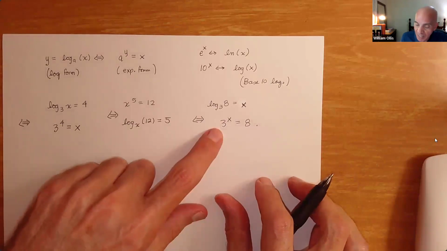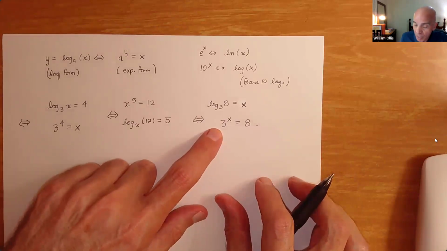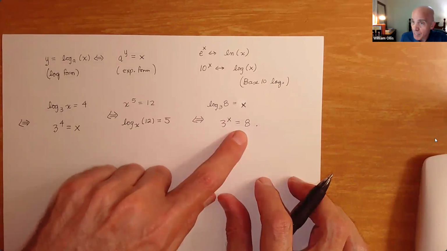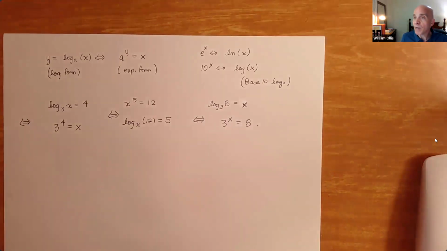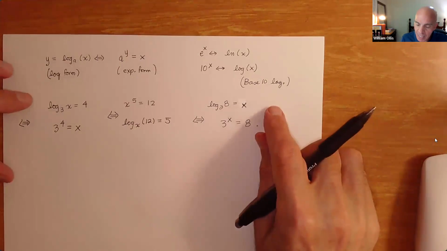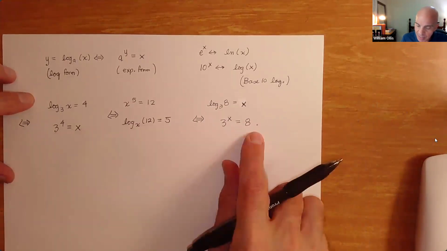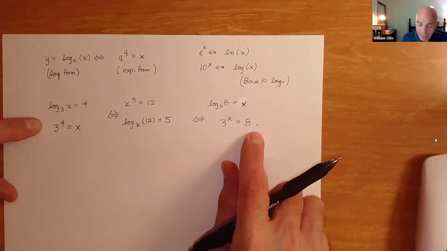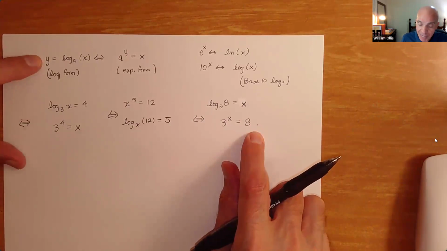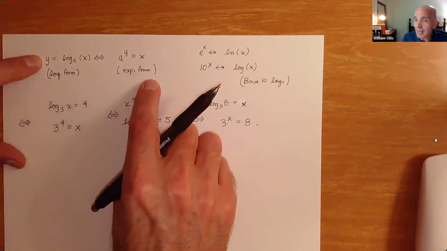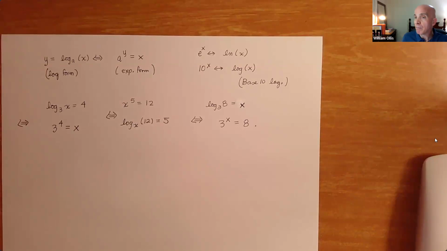If you take the base 3 logarithm of 8, you get x equals the base 3 logarithm of 8. Again, what is a logarithm? It is the power of the base. And if you think about this mechanism, you're basically defining a mechanistic way to solve equations.